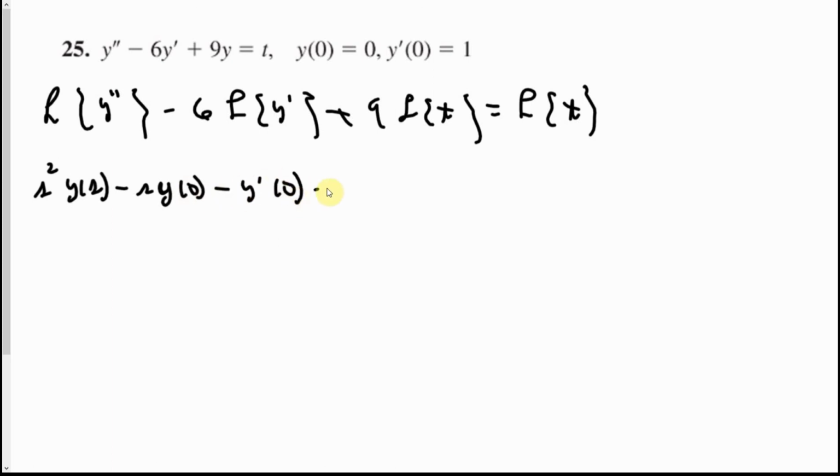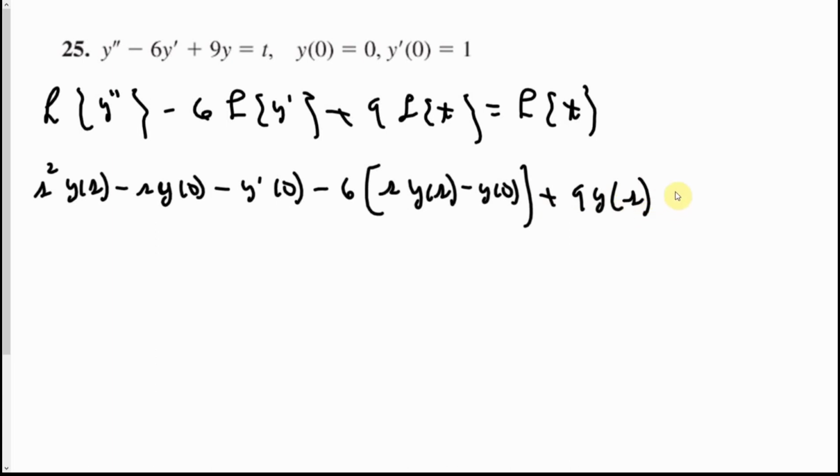That's the first part. Then minus 6, put that in brackets, the Laplace transform of y prime, that's s times y of s minus y of 0. And that's all that's there. Plus 9 times this guy is represented by y of s is equal to 1 over s squared. That's the Laplace transform of t, remember?